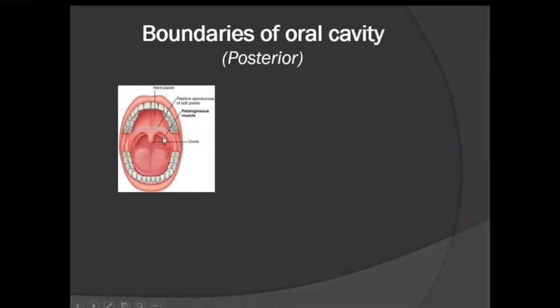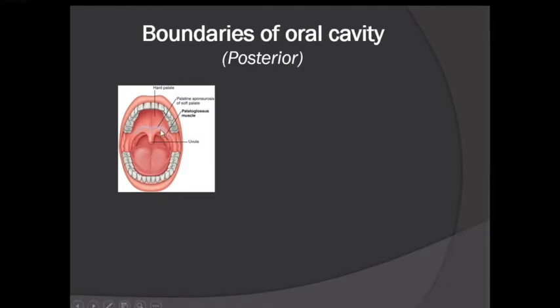The depressed area between the anterior palatoglossal arch and the palatopharyngeal arch is the tonsillar fossa. As far as the oral cavity is concerned, the palatoglossal arch forms the posterior boundary of the oral cavity. So that is our limit here.